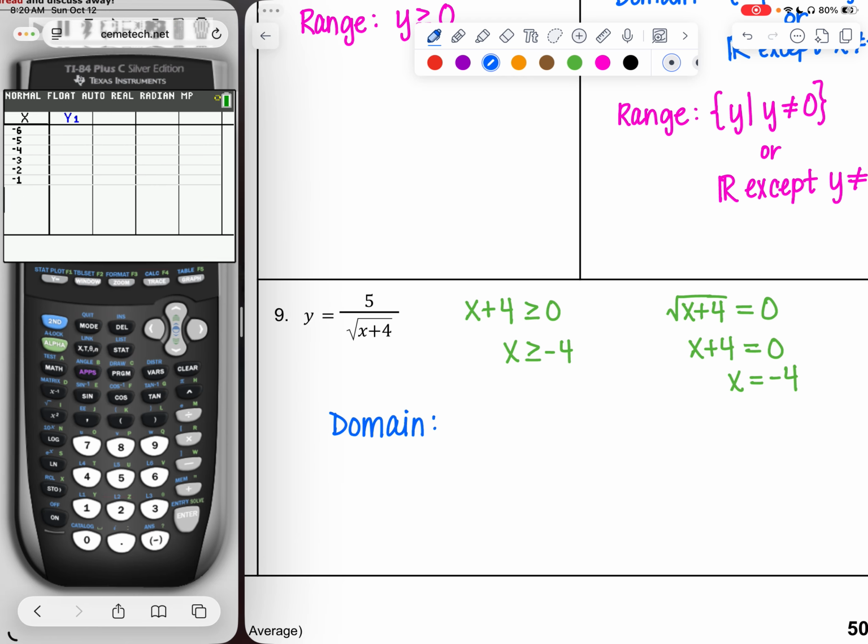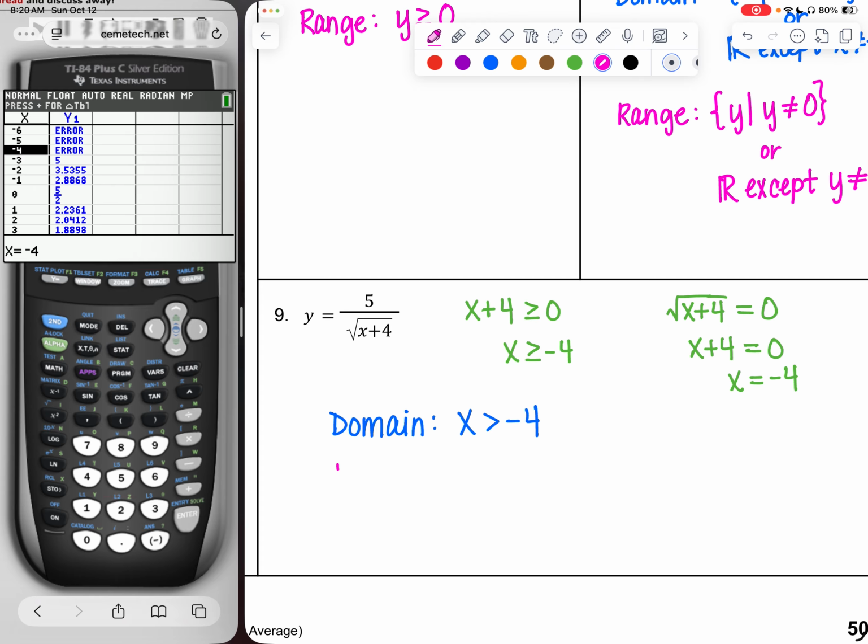If I look at my table, you can see here that when x is negative 4, I get an error. So that means x can be very, very close to negative 4, but it cannot equal it. So that means that my domain is that x is going to have to be greater than negative 4. I can't be equal to it, but I can be really close to it. I can be negative 3.99999. So my domain has to be x is greater than negative 4.